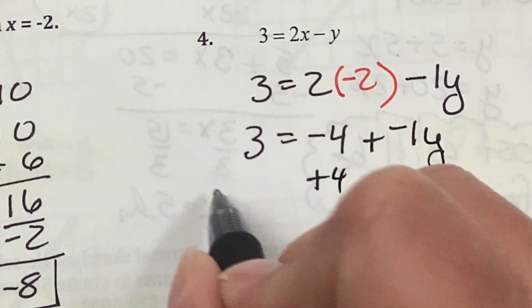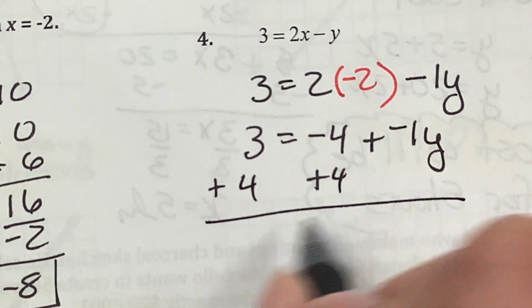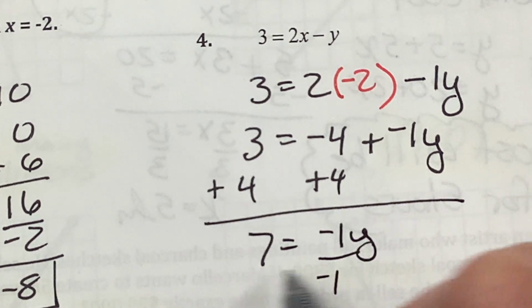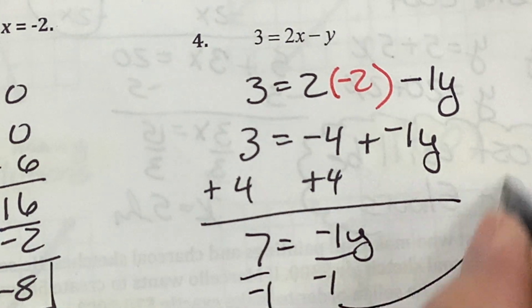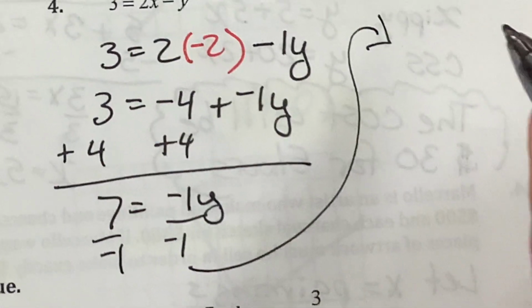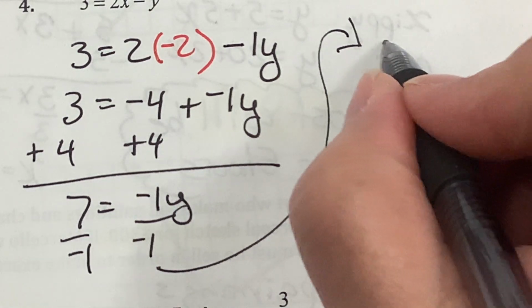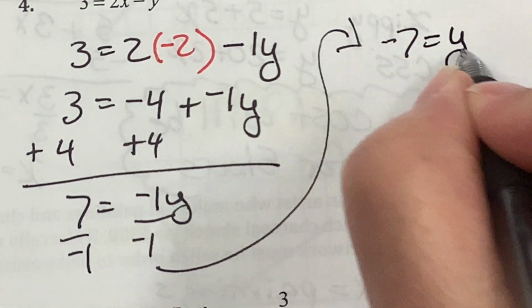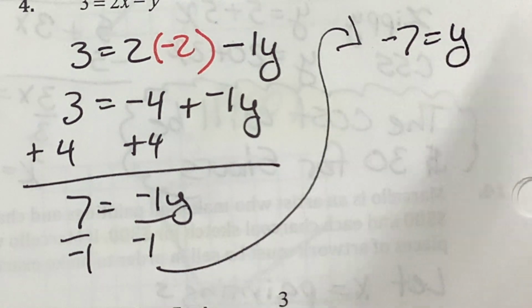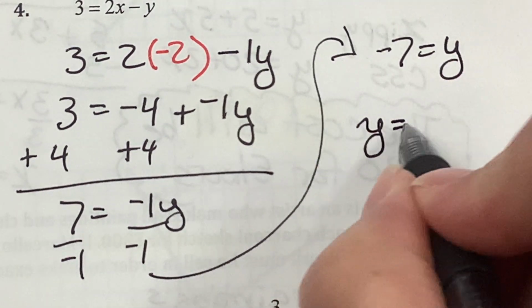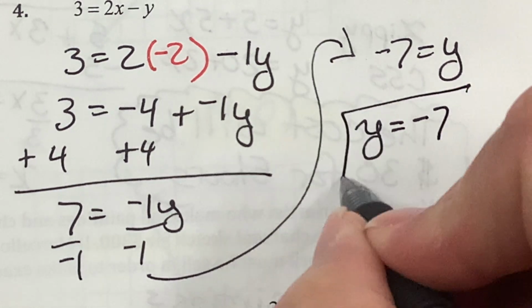Add 4 to both sides. 7 equals negative 1y. Divide by negative 1, and it's going to be negative 7 equals y. But you know, you can't have that variable on the right. You just have to flippy-flop it and get y equals negative 7.